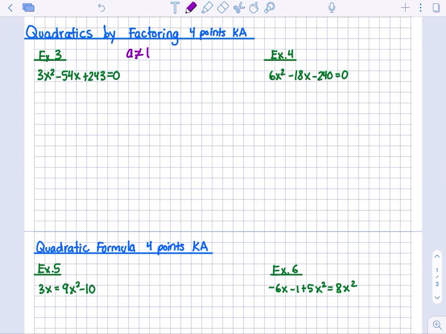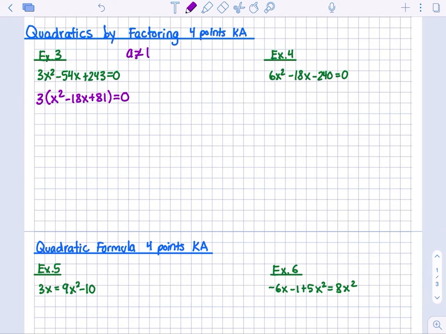So 3 divided by 3 is 1, so just x squared. Negative 54 divided by 3 is 18, so that's negative 18x. 243 divided by 3 is 81.